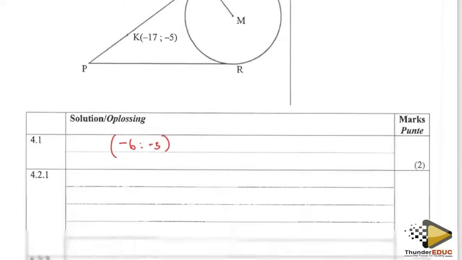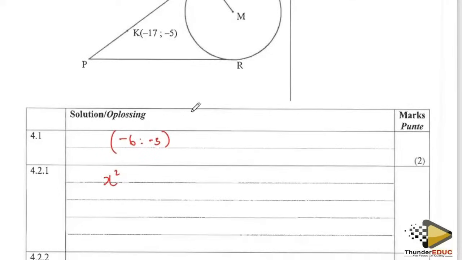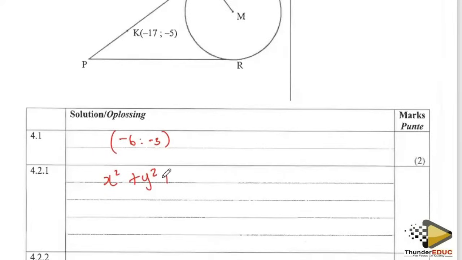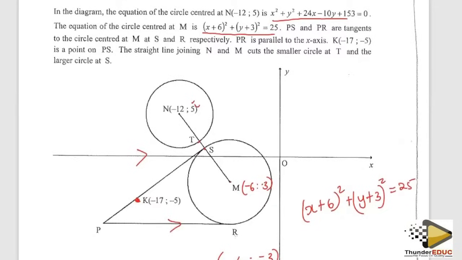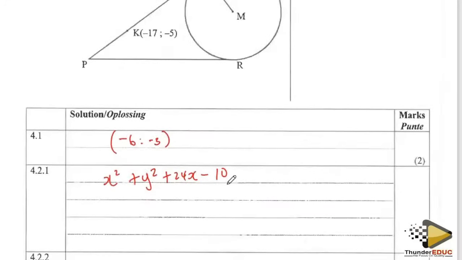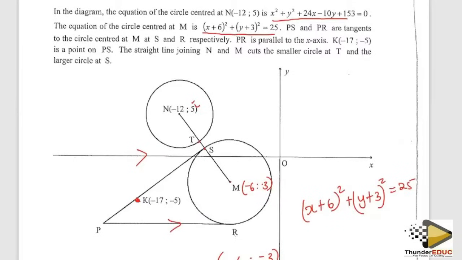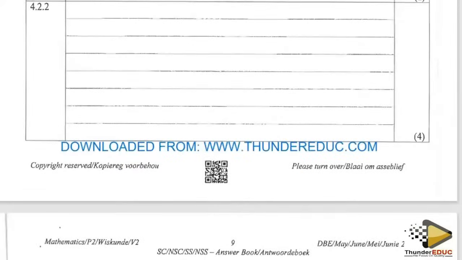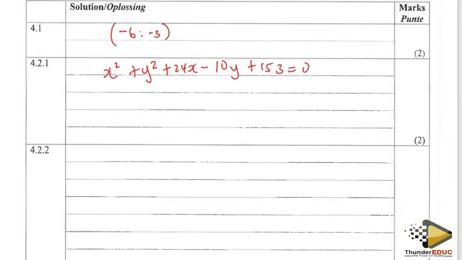So from the equation, which is x squared plus y squared plus 24x minus 10y plus 153 must be equal to 0. Okay, there we go. So for us to get the radius, we need to complete the squares.